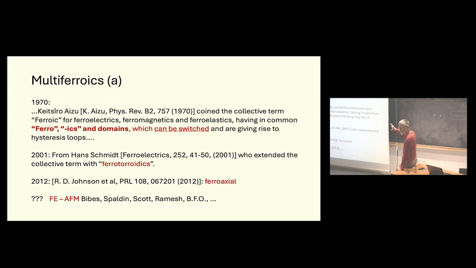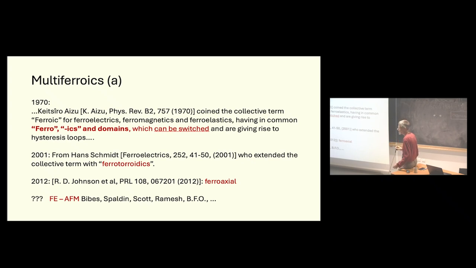He was introducing also the magnetic species. And he said that he coined the collective term ferroics, ferroic for ferroelectrics, ferromagnetics, and ferroelastics, the ones which I've been drawing there, because they have common ferro, X, and domains. Of course, this is a joke, but it's in the abstract of the paper. But what is important is that they can be switched. Domains that can be switched.